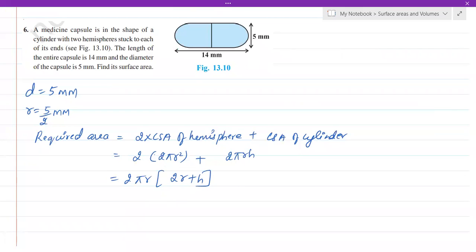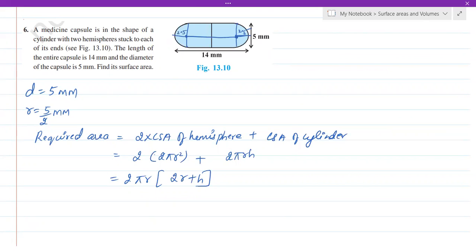Okay, now what is h? Height of the cylinder. The height of the cylinder is actually from here to here. Now how do we find h? Very simple. From here to here it is known as radius, which is 2.5, and here also you have 2.5.